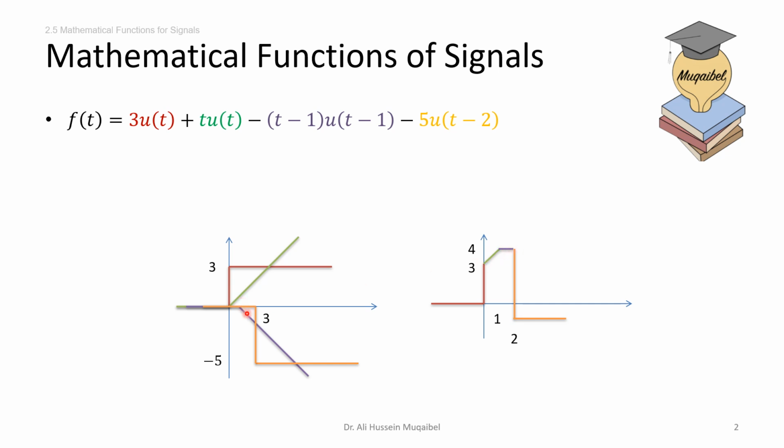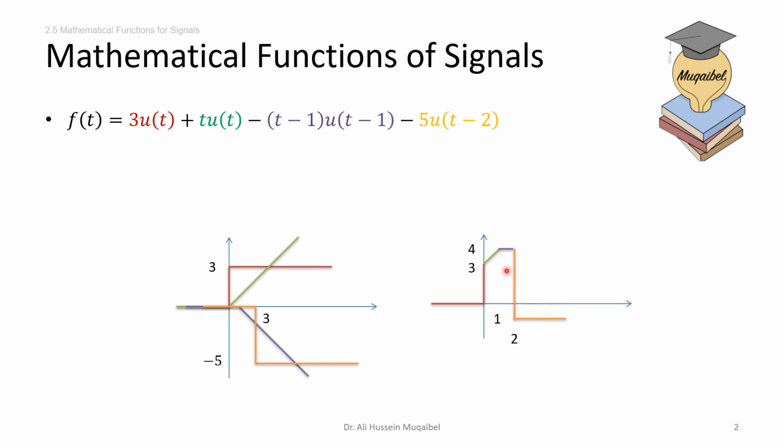Now after 2, the new thing added here is a shift of minus 5 units. So 4 minus 5 will go down by 5 units, and we have our sketch here.